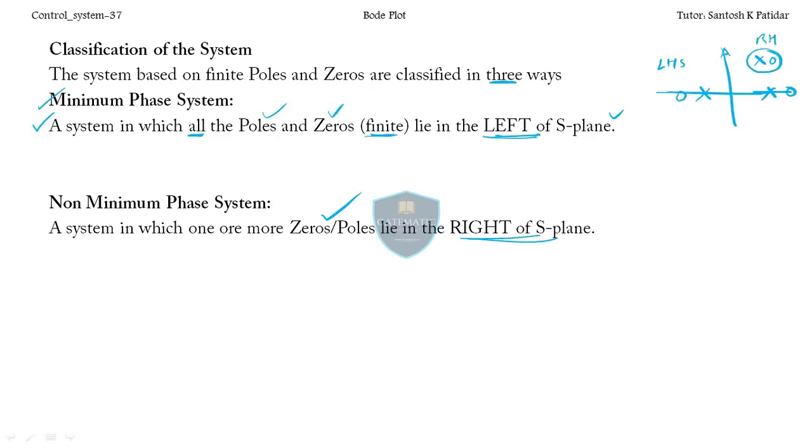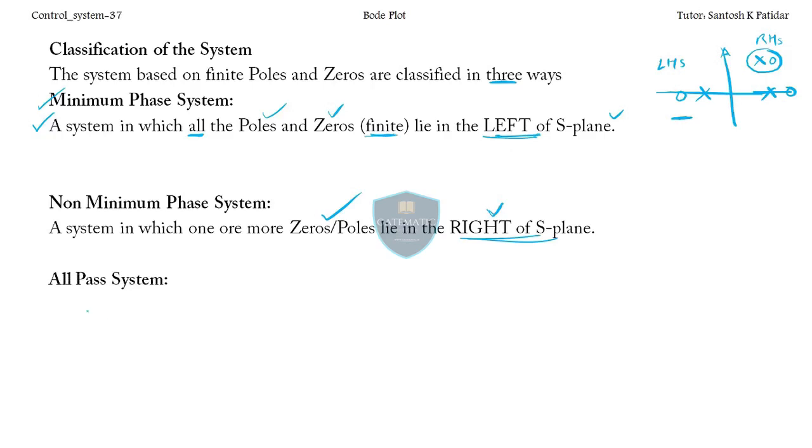Then it will be non-minimum phase, isn't it?